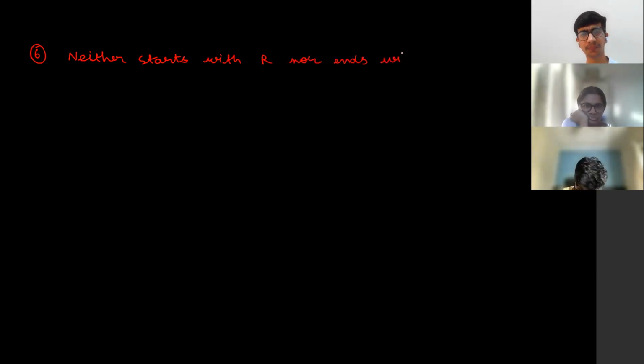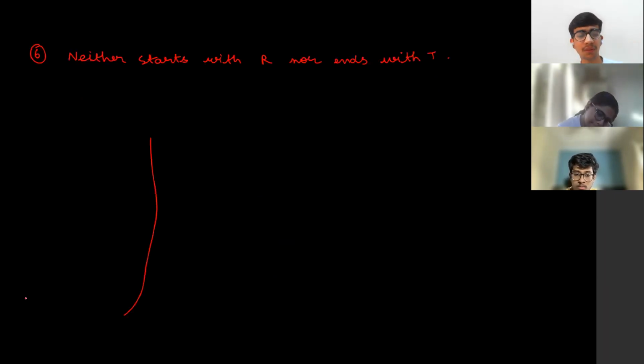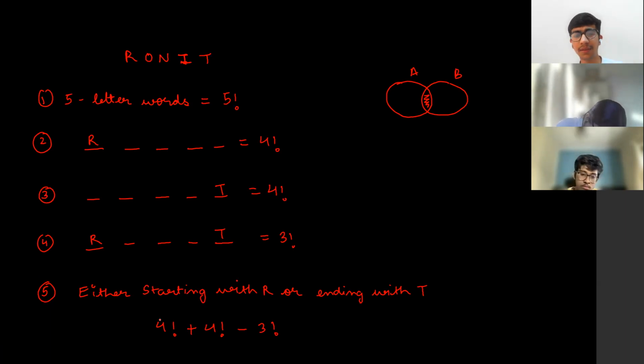Okay, so next is neither starts with R nor ends with T. कैलकुलेट करने की जरूरत नहीं है गाइस, तुम लोगों ने अगर इसका आंसर कर दिया है तो छठे वाले का आंसर ऑटोमेटिकली कर दो. टोटल में से वो वर्ड्स माइनस कर दो जहां स्टार्टिंग R से हो रही है या एंडिंग T से हो रही है, वो तो हम ऑलरेडी कैलकुलेट कर ही चुके हैं. हमें उसका रिवर्स करना है कि ना तो R से स्टार्ट होना चाहिए ना T से एंड होना चाहिए.